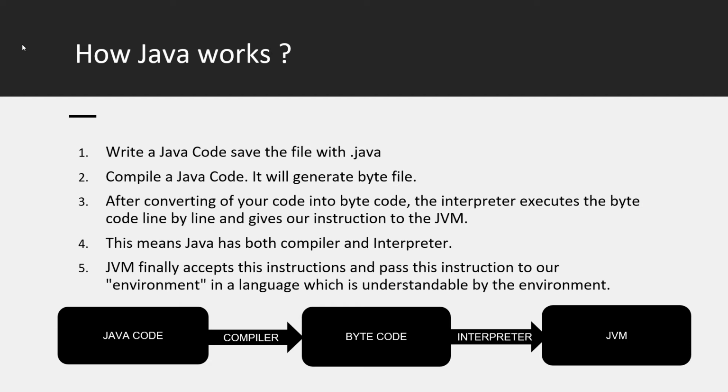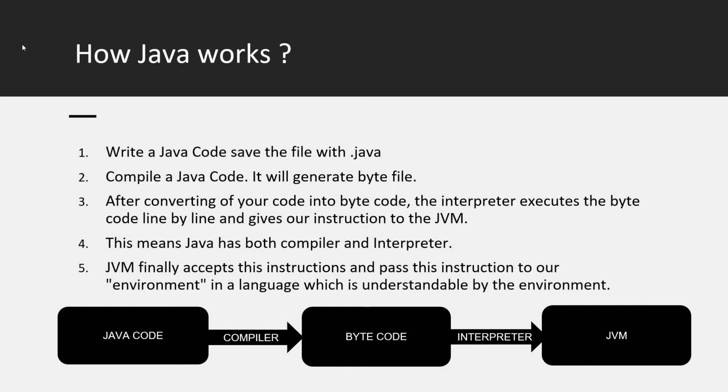So it would be easier if there is an issue on line 2, you will get to know, whereas a compiler will compile all 1,000 lines first and then give you the output. In Java, both are used and they have different functionalities to perform. So this is how Java works. In our upcoming tutorials, we will write some code. We will see how we can compile a code and how we can generate the output from that code.